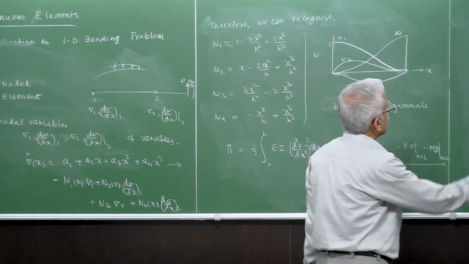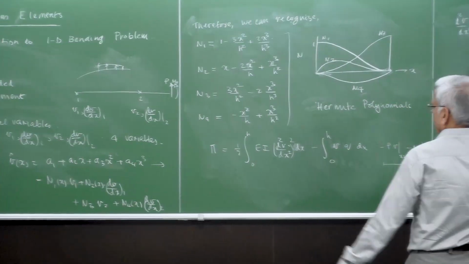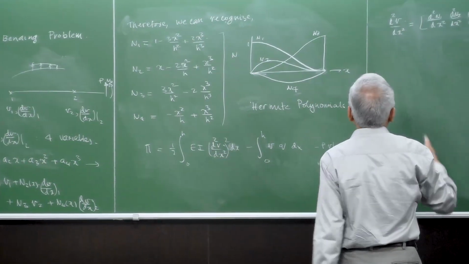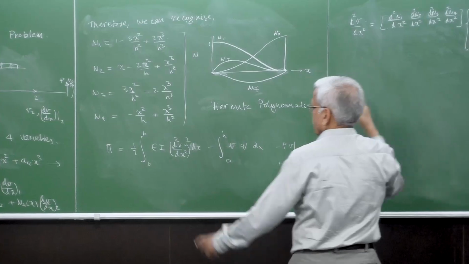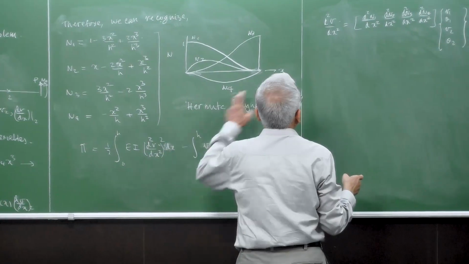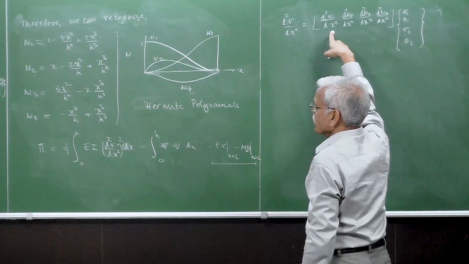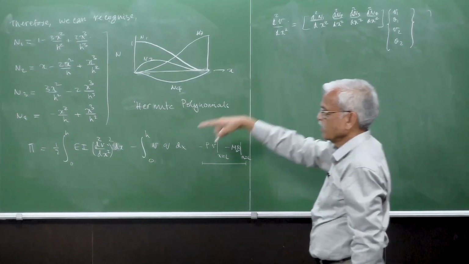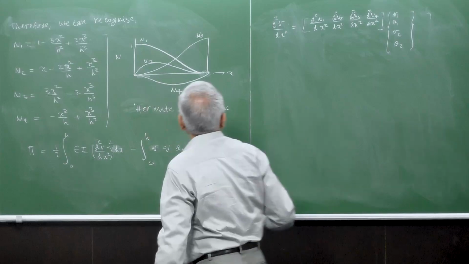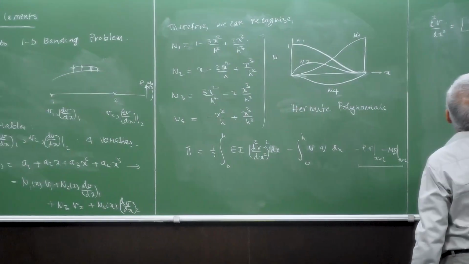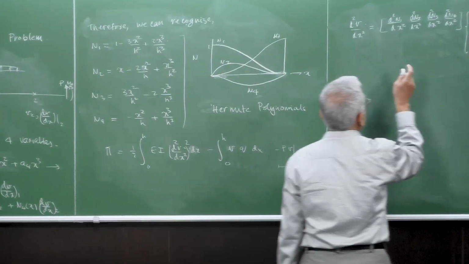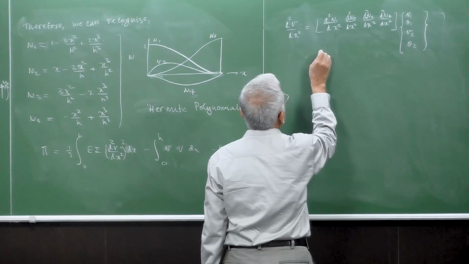So coming now to the exact evaluation of this one. What we need here is d square by dx square, which is nothing but the second derivative of the shape functions, multiplied with the nodal displacements of the element.